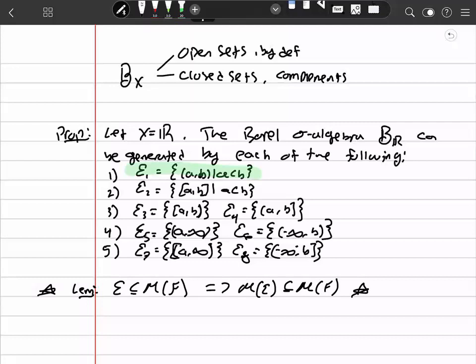This is kind of the only control that we have over them. So what we're going to do is look at these containments, and we're going to use some facts about R. So every open subset of R under the standard topology can be written as a countable union of disjoint intervals.